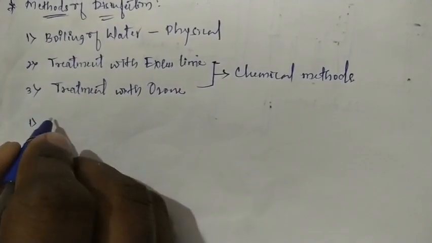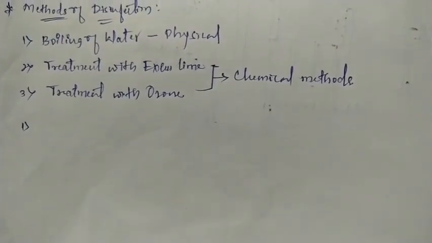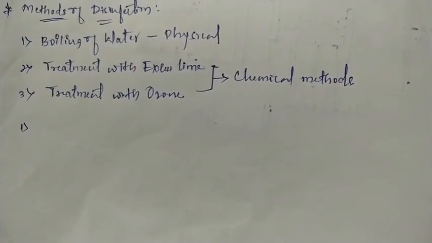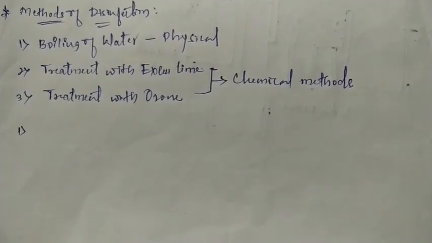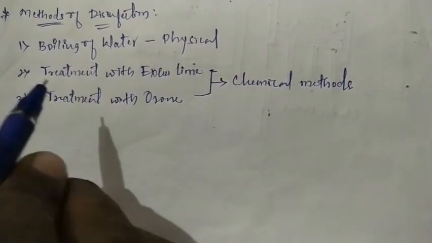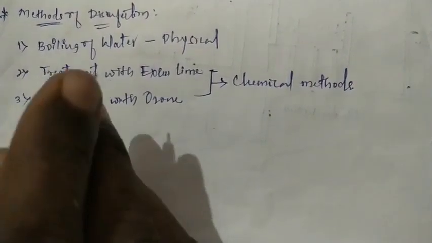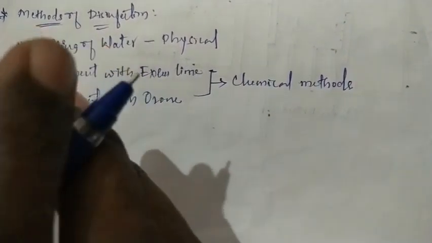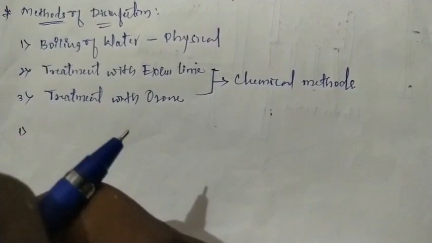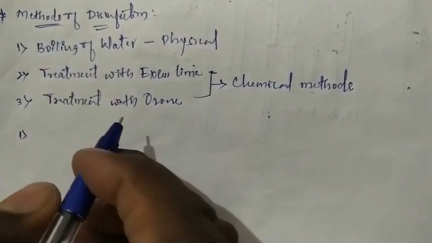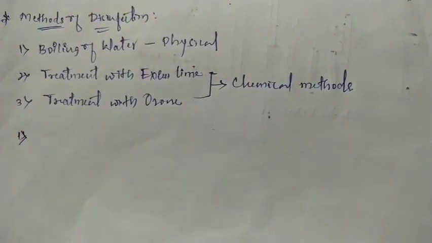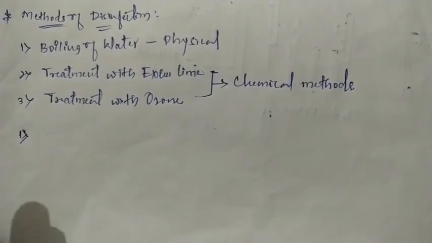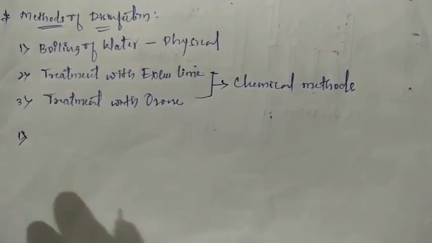The first one, boiling of water. Boiling of water means what? It can only kill the existing germs but cannot take care of further possible contaminations. When you start boiling water, whatever pathogenic bacteria are present in the water may be killed at that time, but you cannot prevent further contamination.